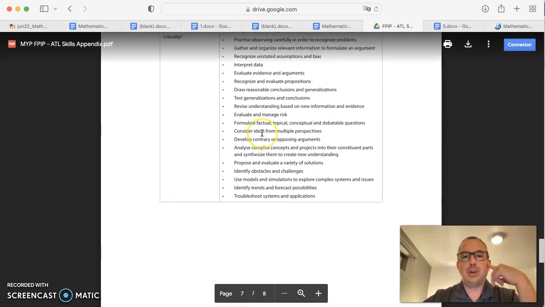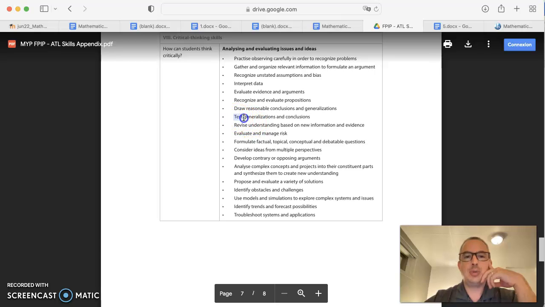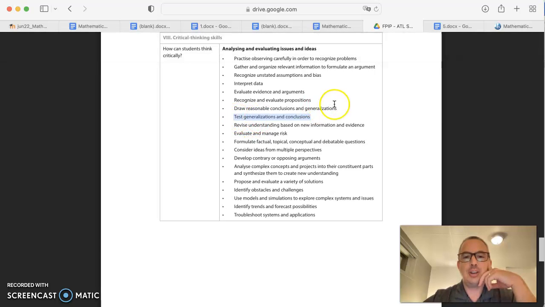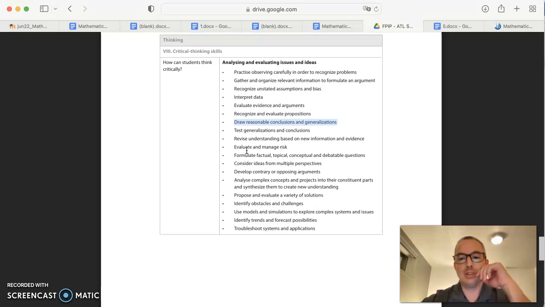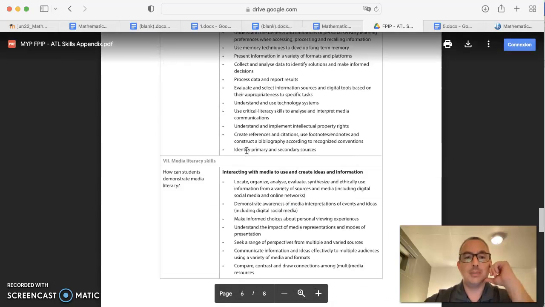So if you want to test generalizations and conclusions, or draw conclusions and generalizations which could be associated with criterion B, I could select a criterion B strand and use that strand, and then the idea will later be to teach these skills to the students explicitly.